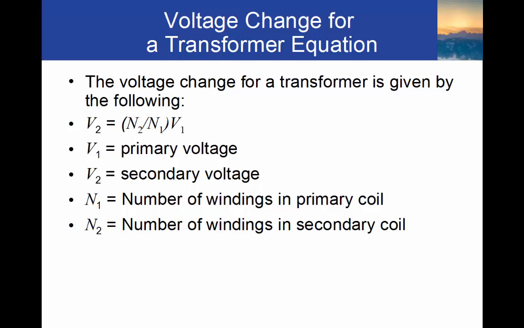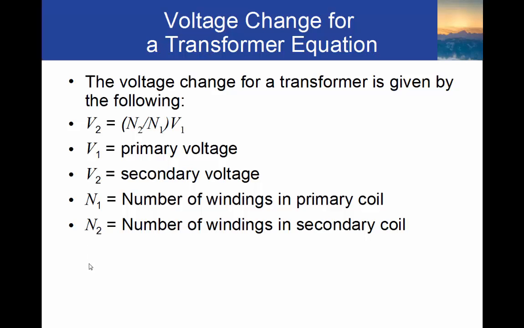Or you could look in the notes and find that same equation that says V2 equals N2 over N1 times V1, where V2 is the secondary voltage, V1 is the primary voltage, N2 is the number of windings in the secondary coil, and N1 is the number of windings in the primary coil. So this suggests that if the secondary coil has fewer windings than the primary coil, then this ratio must be less than 1, and so my secondary voltage must be less than my primary voltage.